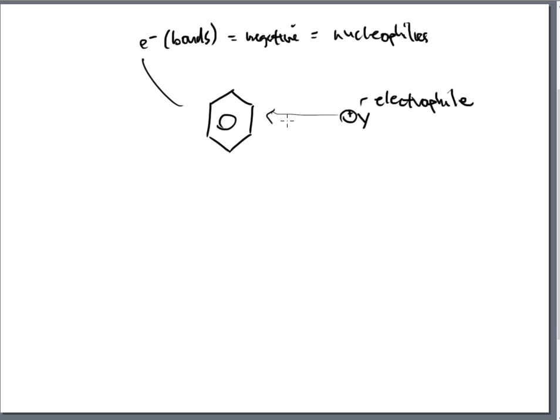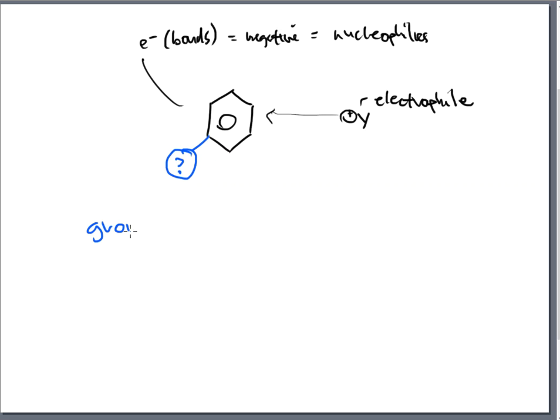So the concept here is that if something else is attached to the ring, could it change the way that benzene reacts? And of course the answer is yes, it can. Because there's now something else other than just benzene.